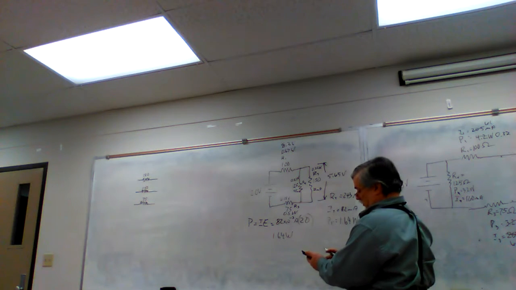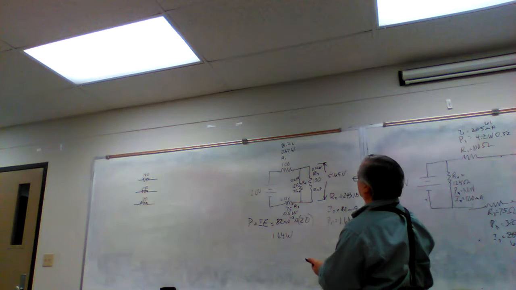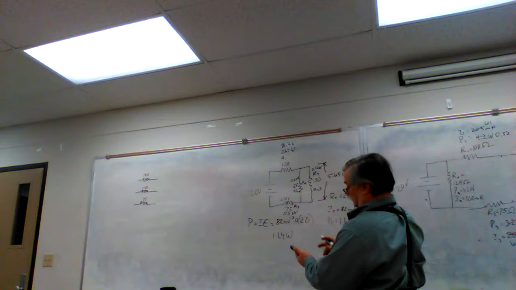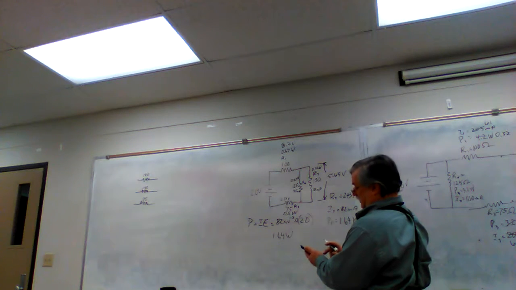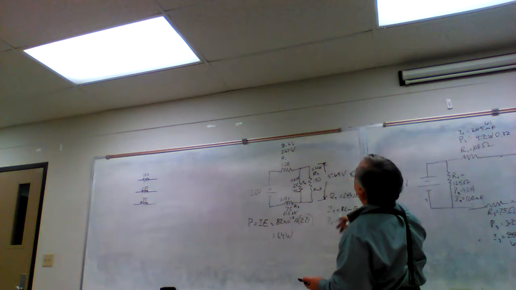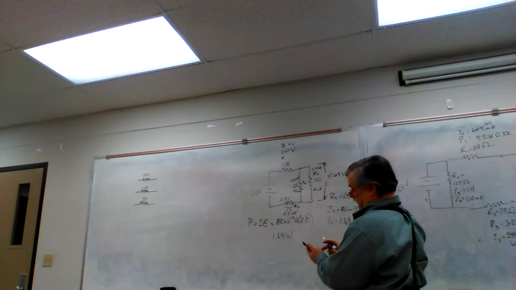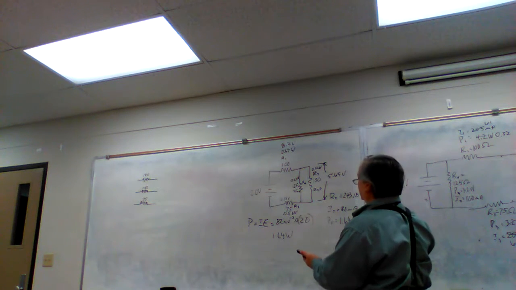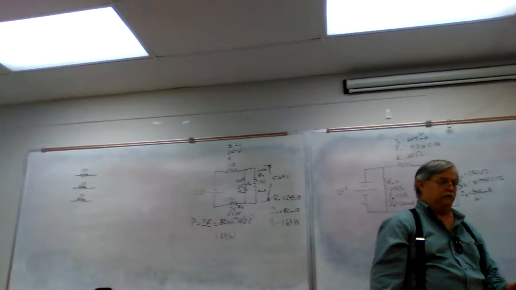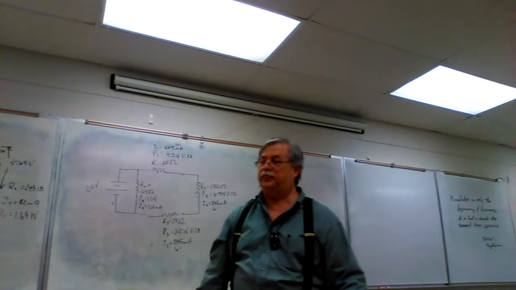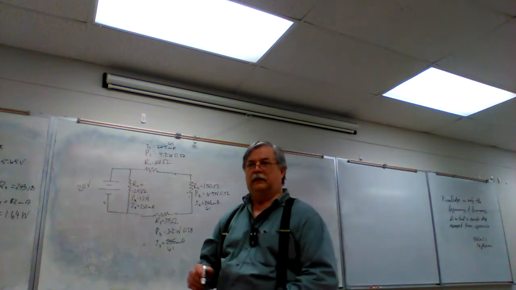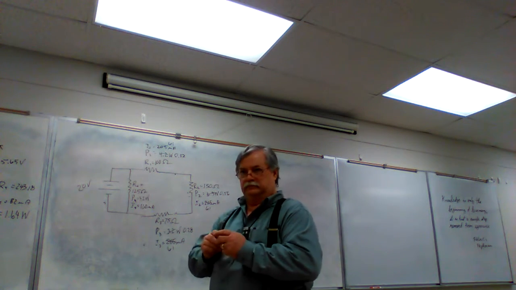So 0.25 plus 0.22 gives us 0.47, and plus 0.5 plus 0.67 gives us 1.64 watts total dissipated in the circuit.